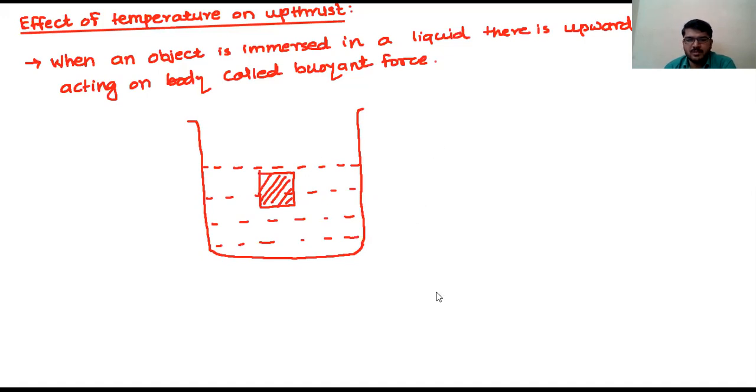Then on this object, how many forces are acting? In the upward direction you are having buoyant force, and downward direction there is its weight. Now this buoyant force is what? A vertical upward force exerted by the liquid.